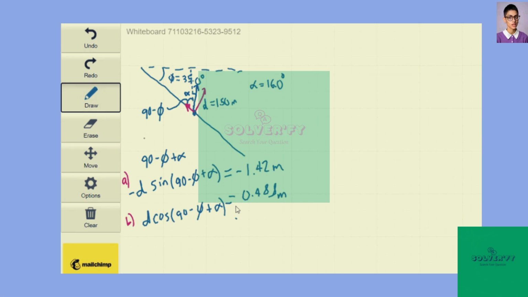Let me see. The cosine of that would be parallel, and the sine would be perpendicular. So, yes, I did that wrong in that this should be A and this should be B. The cosine would be here, and the sine would be here.